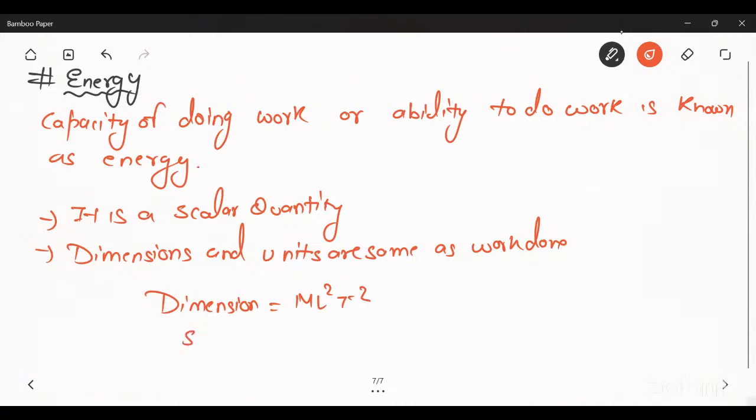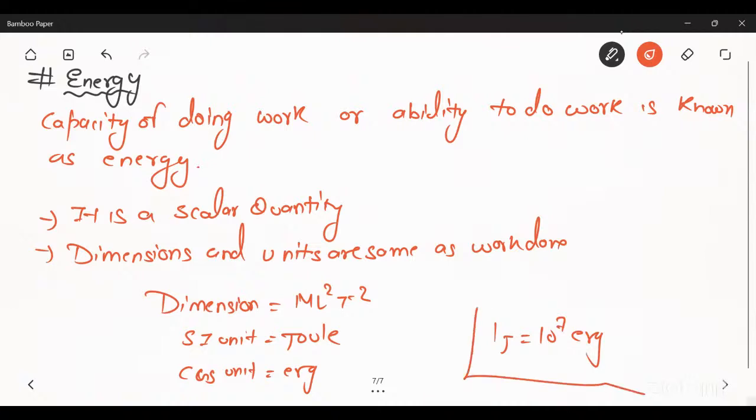SI unit is joule. CGS unit is erg. So 1 joule equals 10 to the power 7 erg will be the relation between joule and erg.